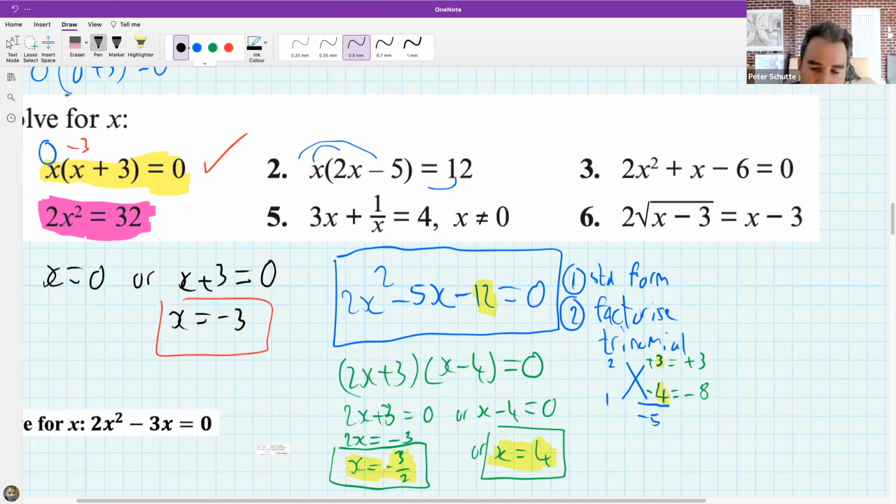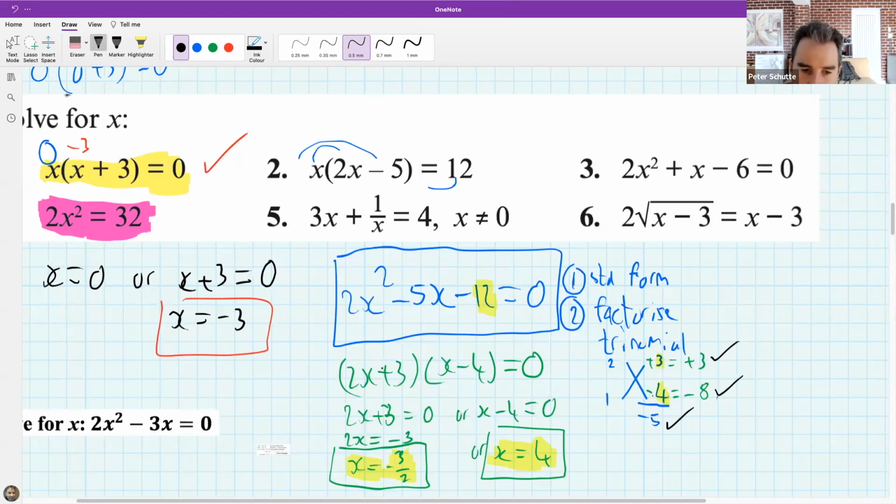So 2 times minus 4 is minus 8, and 1 times plus 3 is plus 3. These two together must give you the minus 5. So I still have to balance to the minus 5, but I do use the factors of 12.